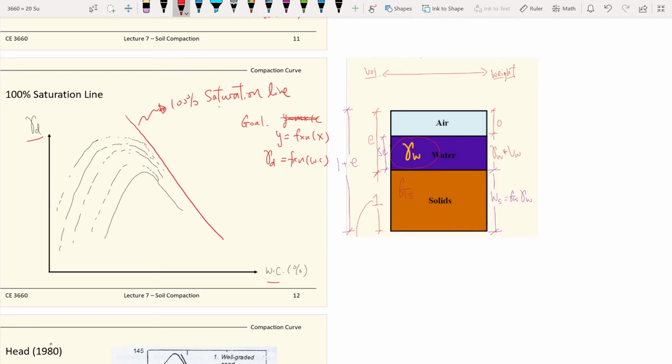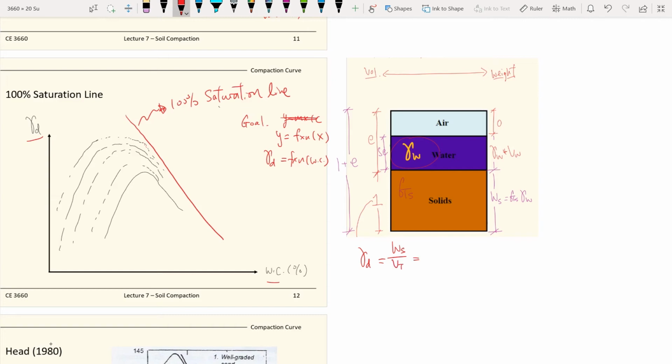That's the type of equation we want to set up, and to achieve that, we make use of our phase relationships diagram. We start with the dry unit weight because that's our y-axis. We know the definition of dry unit weight is the weight of the solid divided by the total volume.